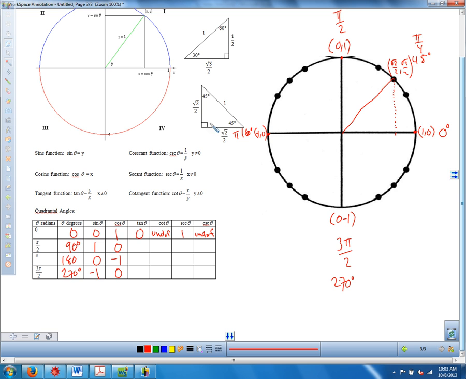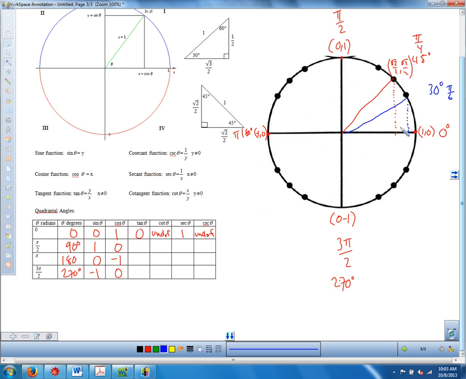And we're placing these special right triangles repeatedly onto my circle. So let's do this one in blue. So what angle would this one be? 30. In radians, pi over 6.